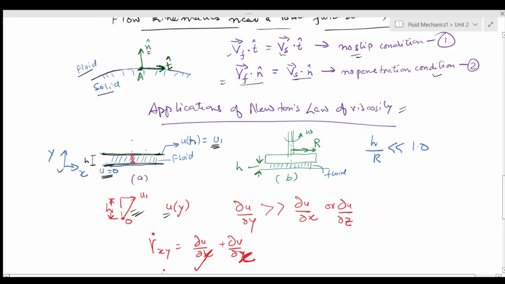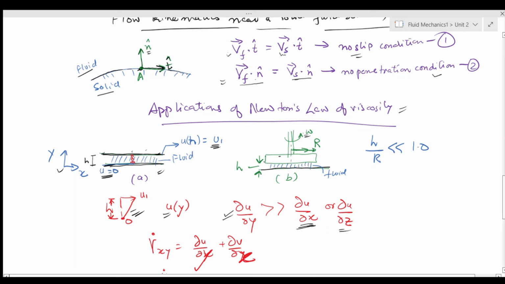Another approximation at this stage which I have taken is that changes with respect to y are much greater than del u by del x or del u by del z. So this is one case. The other could be when I am having rotational motion, that I have a solid surface, then I have another solid surface on top of it, and it is moving at omega.